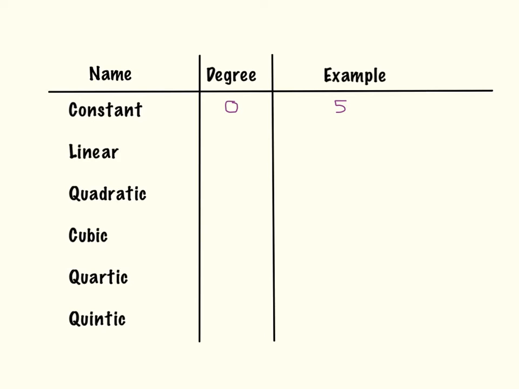You guys know what a linear looks like. A linear has a degree of 1, and that would be 2x minus 5, because the degree right here would be a 1. We've just finished a whole unit on quadratics, and that would be negative 3x squared minus 5x plus 7. That has 3 terms, so that would be a trinomial.